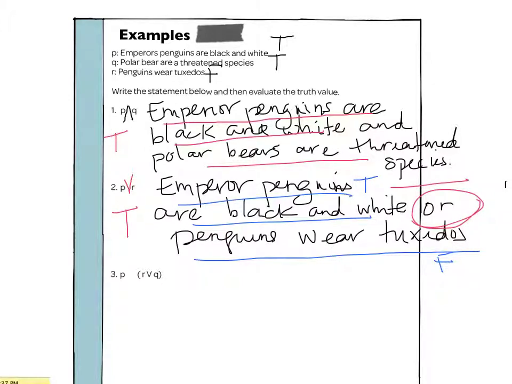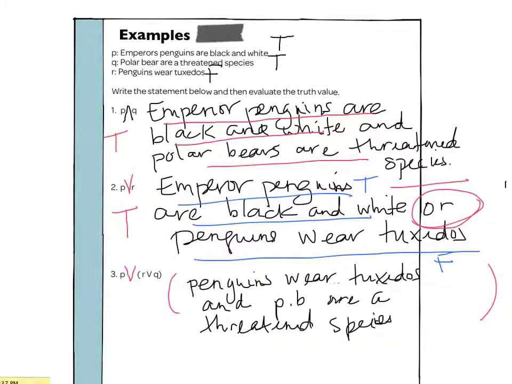Let's try the last one. This part in parentheses is R and Q. R is penguins wear tuxedos, which we know is false. And polar bears are an endangered species, which we know is true. Because this is and, both parts have to be true, and since they're not, this part of the statement is false.